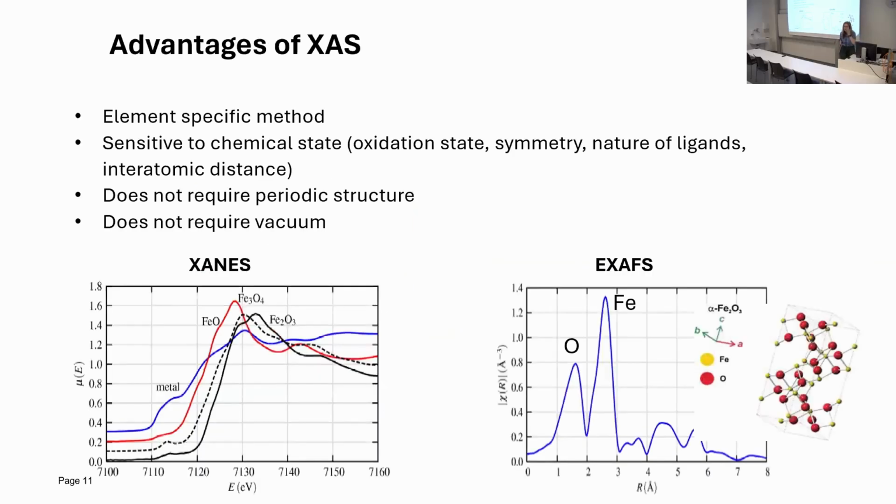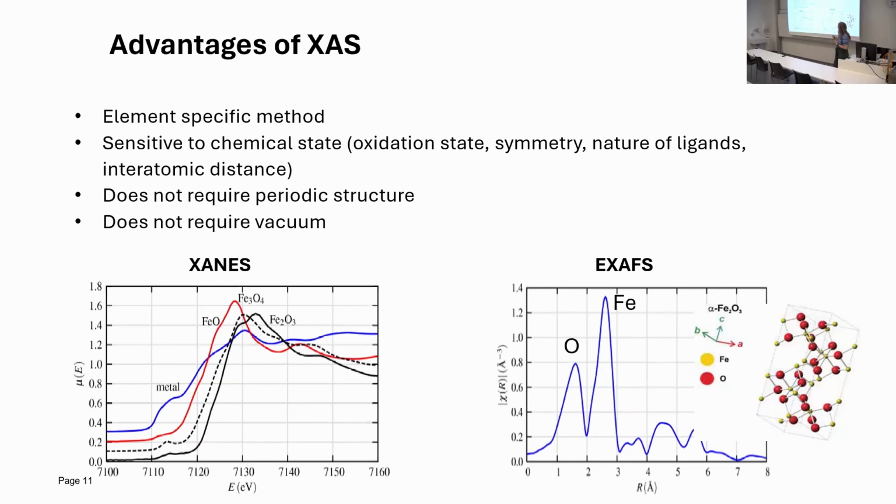The main advantages of X-ray absorption spectroscopy are its element specificity, its sensitivity to the chemical state, and also its sensitivity to the average structure of the element in the sample. Whether the element is in a crystalline or amorphous state, or whatever, each species comes with an equal contribution.